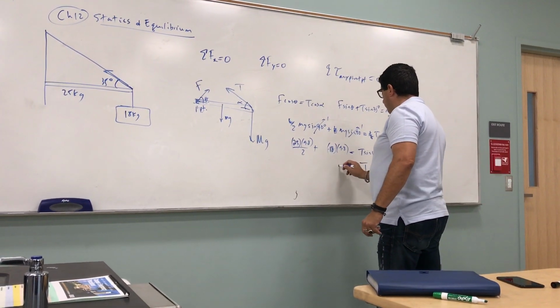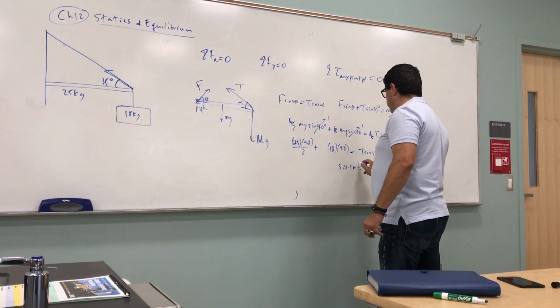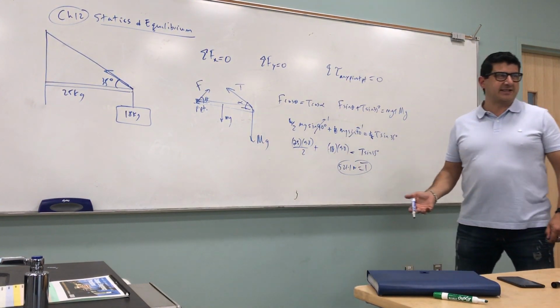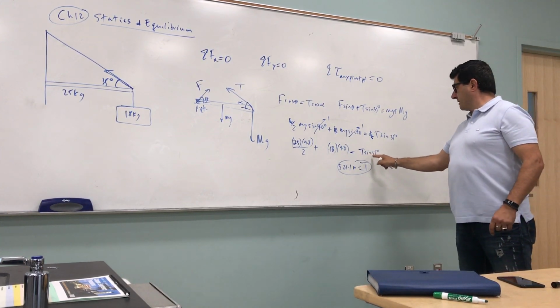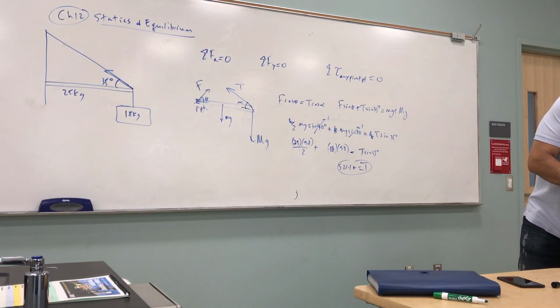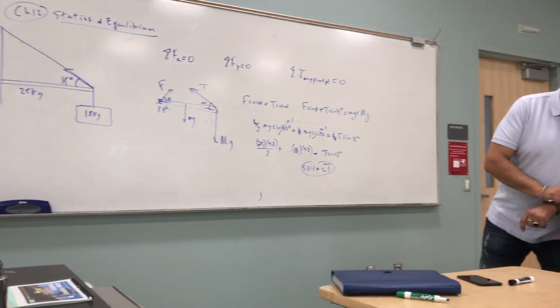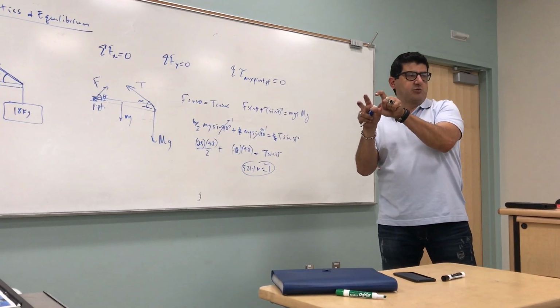Tension T is 521.1 newtons. But what did he get? 299, right? Well, if I do this times sine 35, what am I gonna get? 298.9, yeah, see that? So he got Ty, the y component.